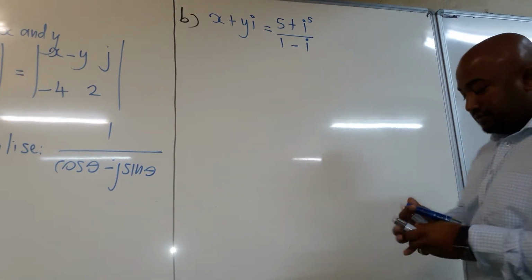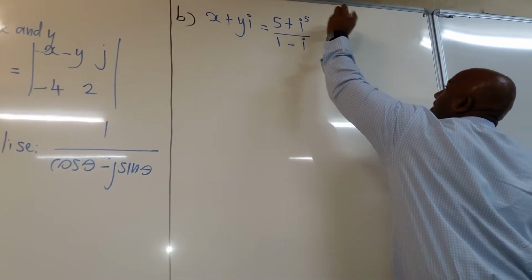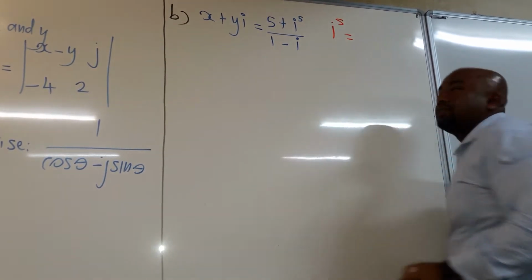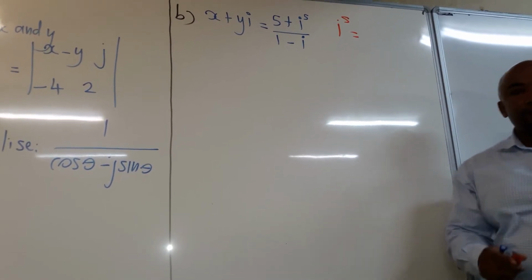Okay, so from our powers of I or J, if you have I to the power 5 here, this is an odd power. So what do we do? Split it.